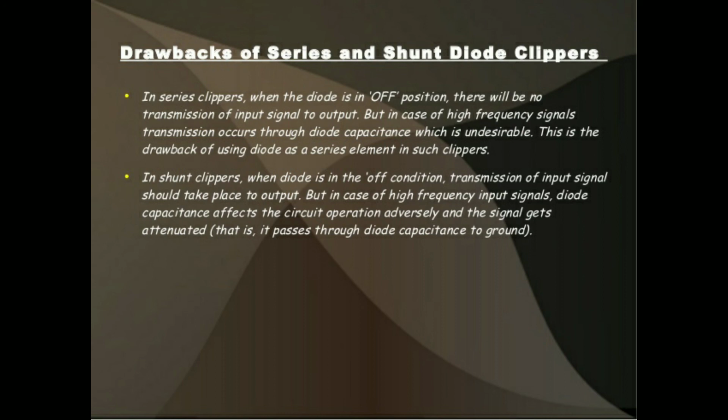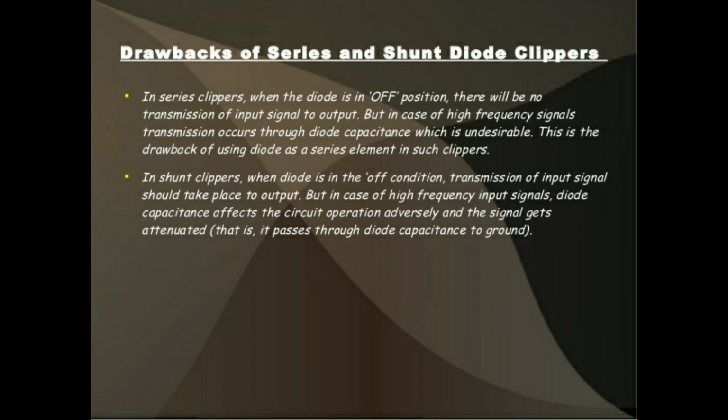But in the case of a high frequency signal, transmission occurs through the diode capacitance, which is undesirable. This is the drawback of using a diode as a series element in such clippers.